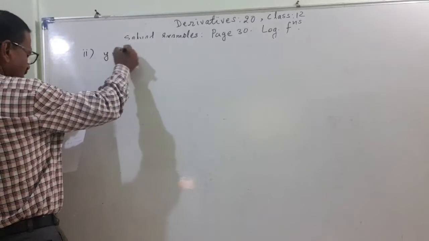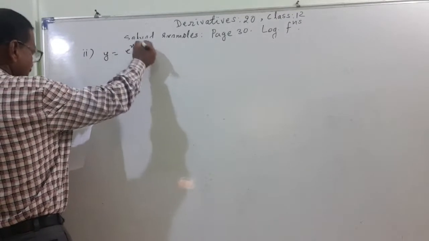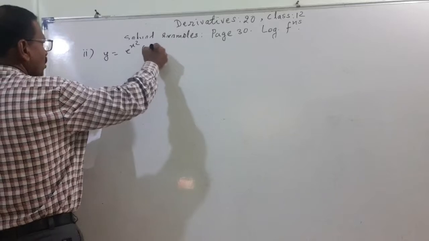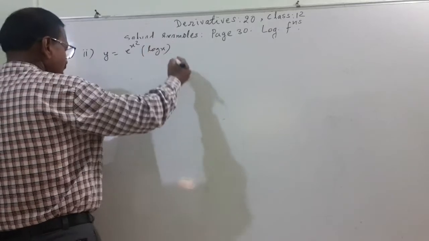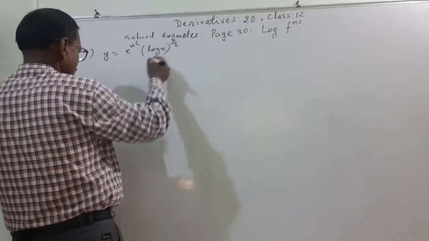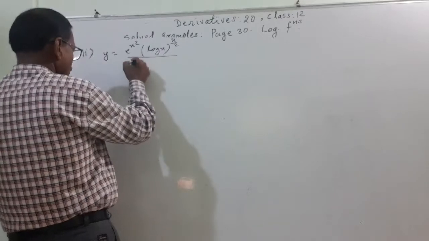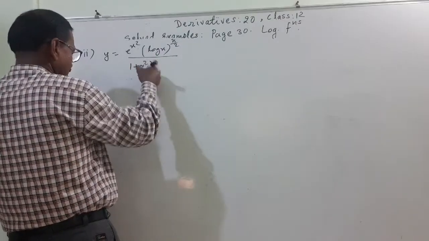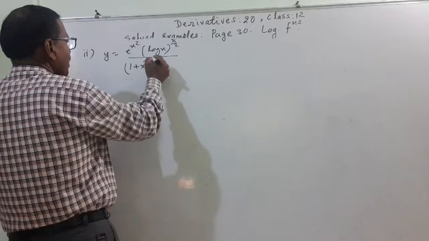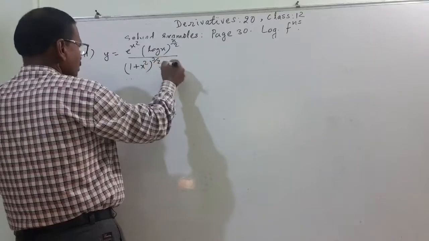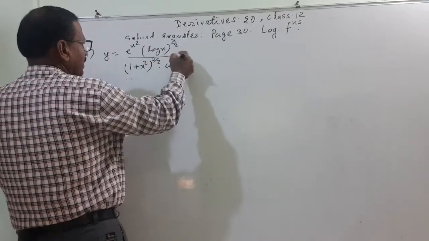y is equal to e raised to x square into log of x raised to x by 2 upon 1 plus x square raised to 3 by 2 into cos cube of x.